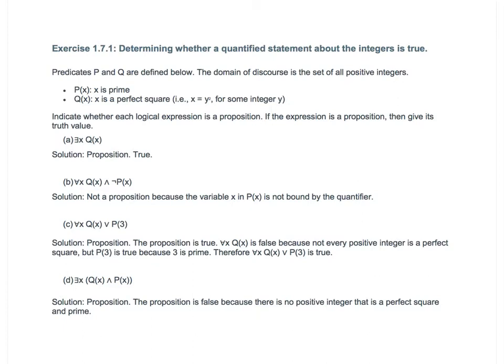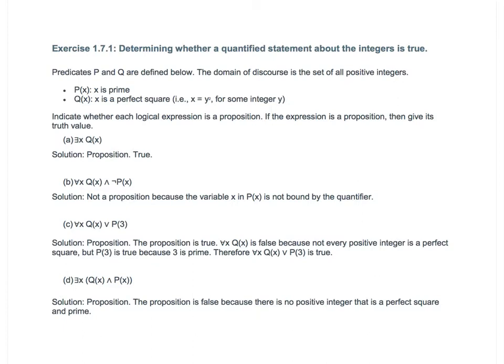Why? Because Q(x) and P(x), the conjunction of Q and P, means that x is both prime and a perfect square. And you cannot find any positive integer that is both a perfect square and a prime number. If you think about 1, 1 is not prime. 2 is prime, but it's not a perfect square. 3 is prime, but it's not a perfect square. 4 is neither prime nor a perfect square.